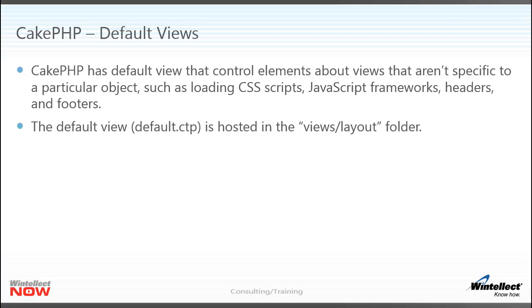So in debug, you can use the debug view, and then when you're ready to turn it on to production, you swap it out for a production default view. You can have several default views depending on what you're actually doing, and you can store all those inside of your views layout folder, and they'll still leverage all of the other object specific views underneath the hood.